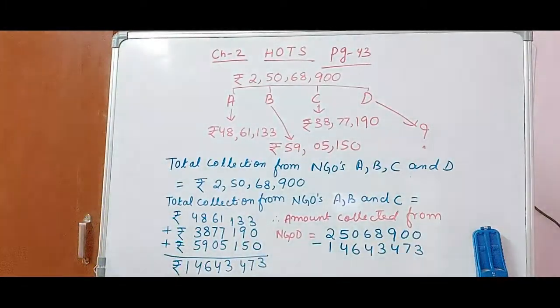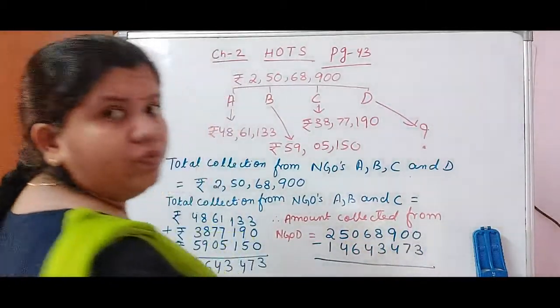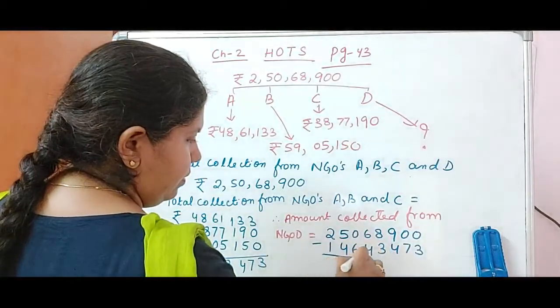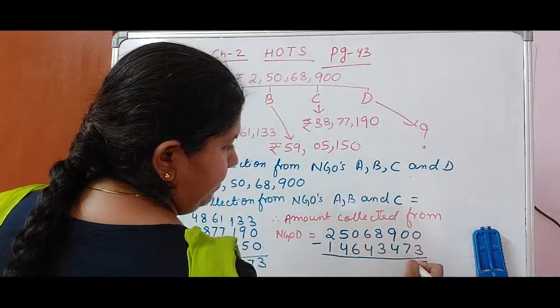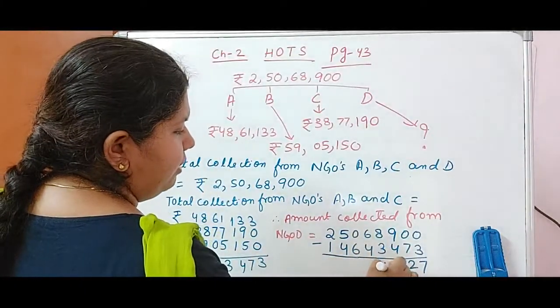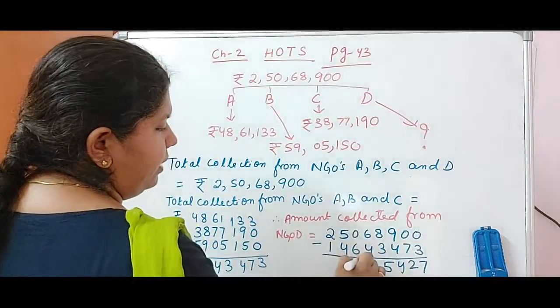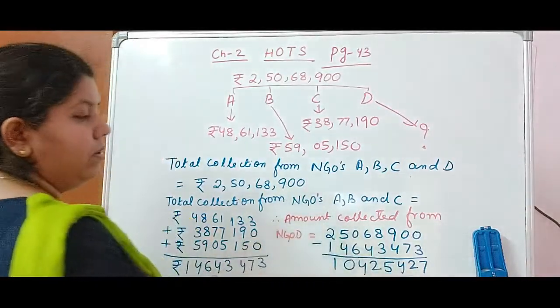Okay, and then we will take out the difference. 10 minus 3 is what? It is 7. 10 minus 3 7, 9 minus 7 2, 8 minus 4 4, 8 minus 3 5, 16 minus 4 2, 10 minus 6 4, 4 minus 4 0, 1.